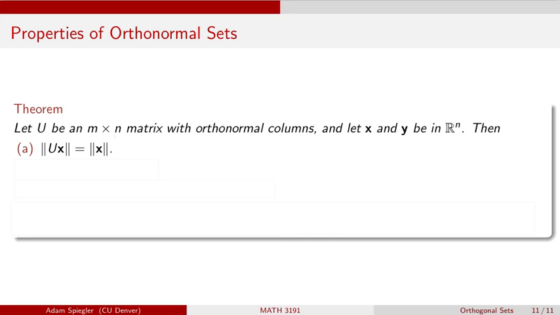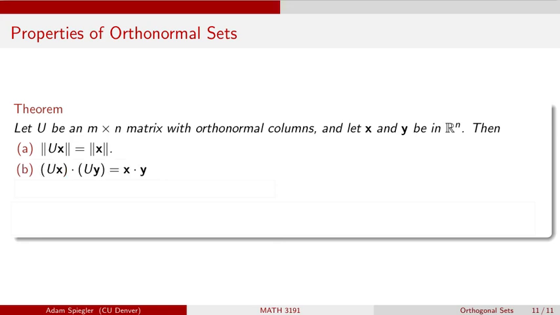Then that means the magnitude of U times vector x equals the magnitude of vector x. So in other words, multiplying a vector by this matrix U is not going to change the magnitude of that vector. That's a really nice property.